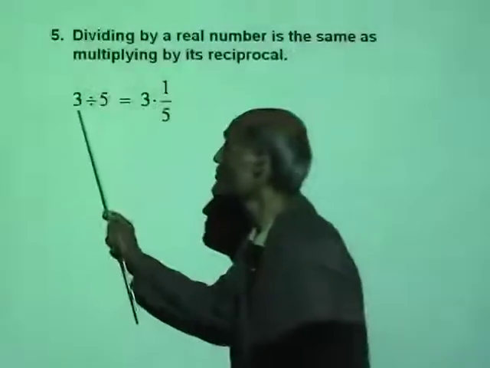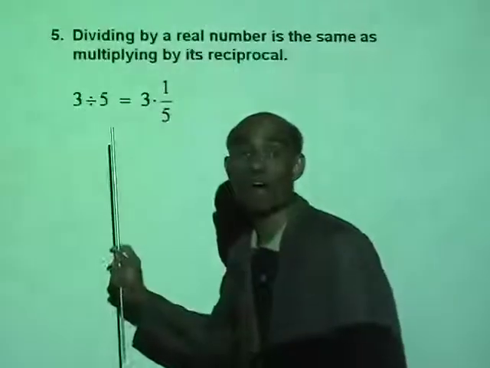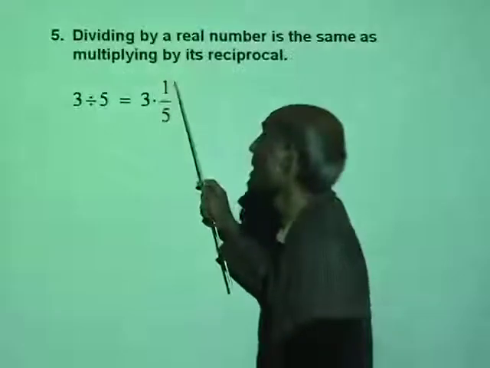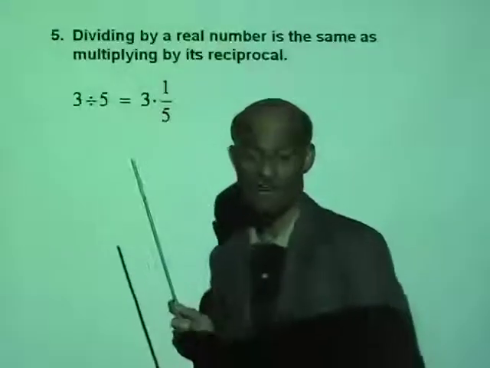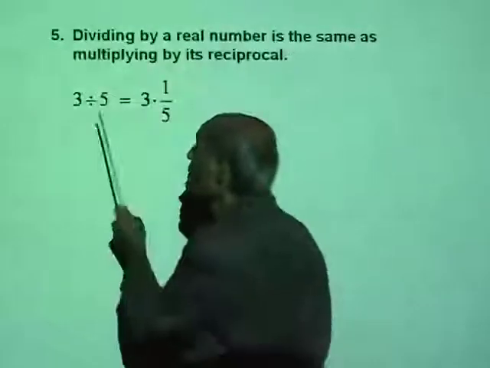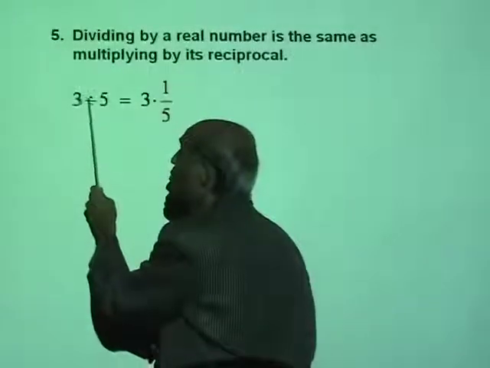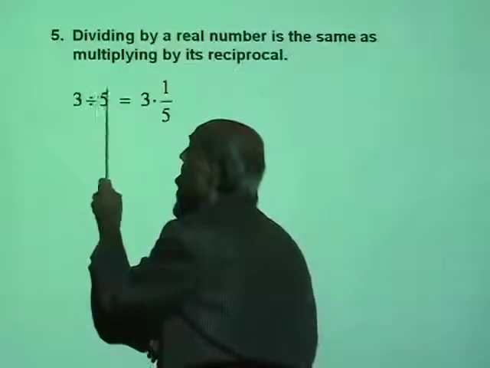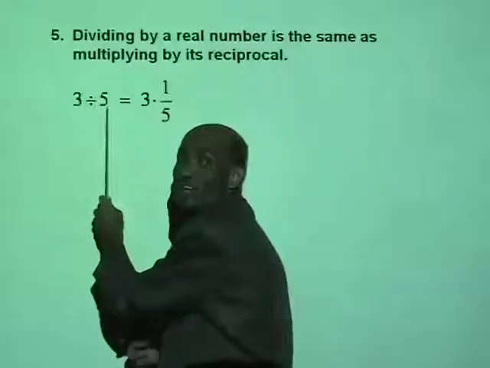In other words, 3 divided by 5 is the same as 3 multiplied by 1 over 5. You remember we did this in lesson 1. When you want to divide, you can change the division to a multiplication by inverting the second number.